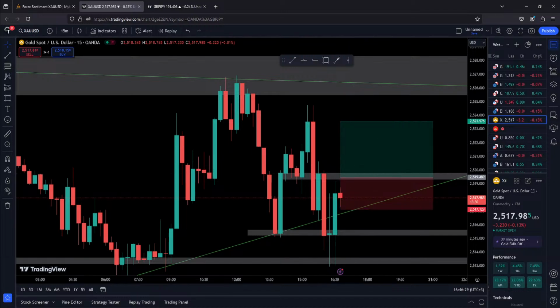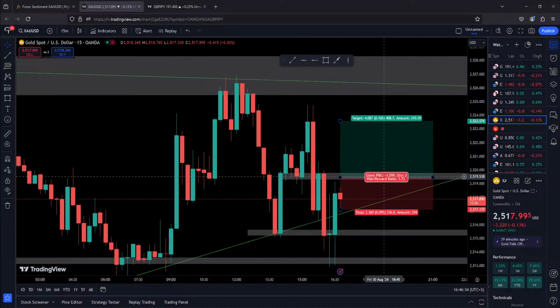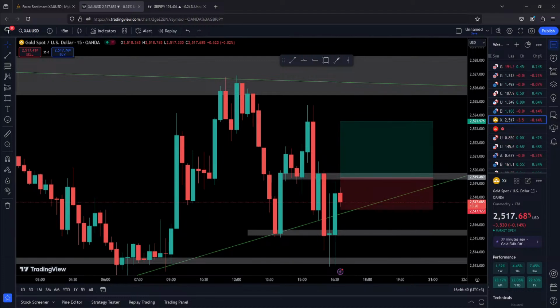And yeah, so I'm going to quickly calculate, what are the losing pips? The stop loss is 236 points, so 236 divided by 1100.